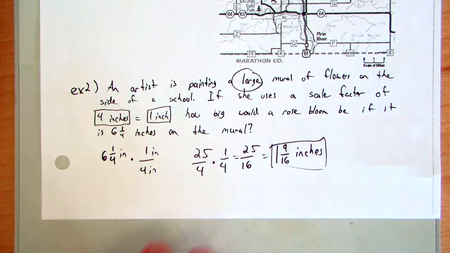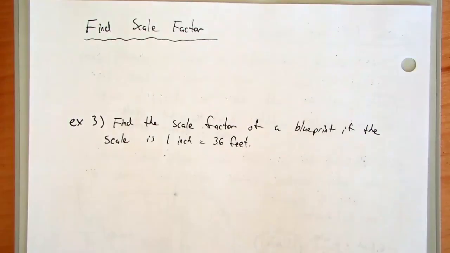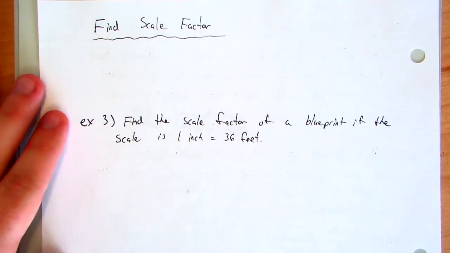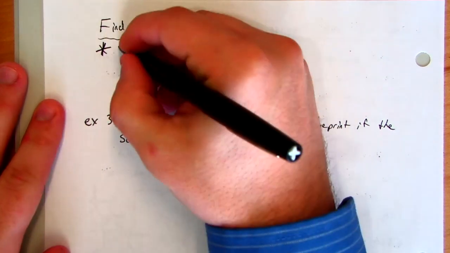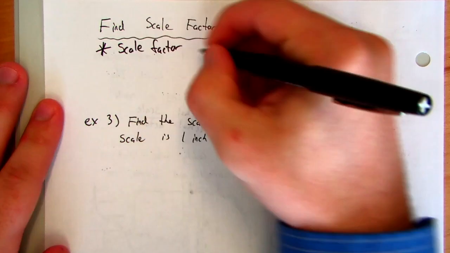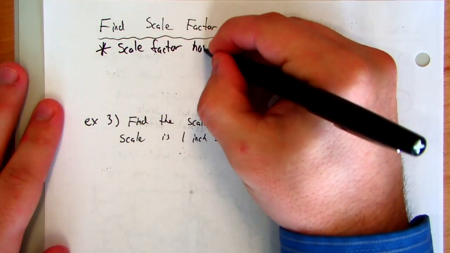All right, let's look at example 3 then on the back side. Finding a scale factor. Now, an important thing to keep in mind here: scale factor has no units.